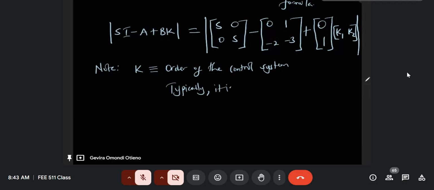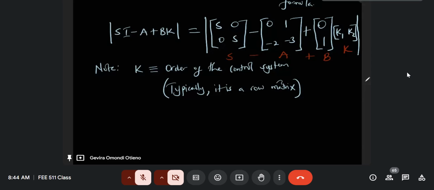Typically, it is a row matrix. You see, like here, I've indicated K. Let me put it in red here. This value is K. Remember, this is sI minus A plus B, this is matrix B, and that is K. K is typically a row matrix.